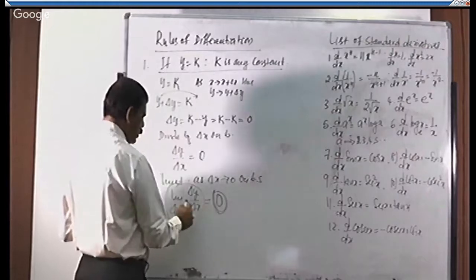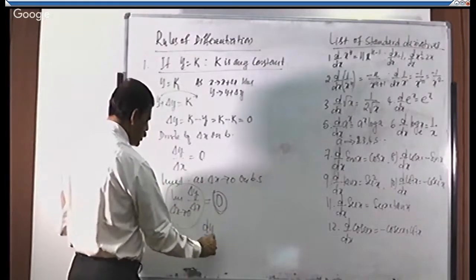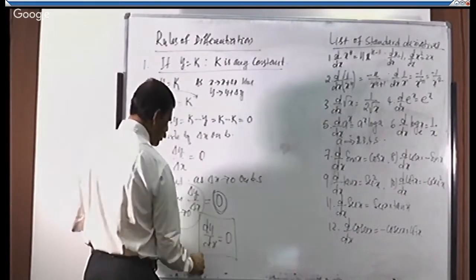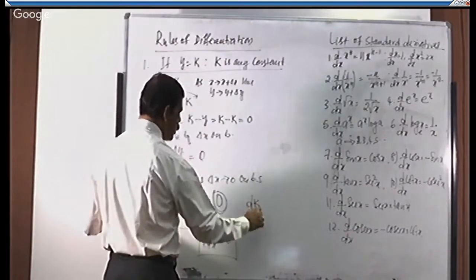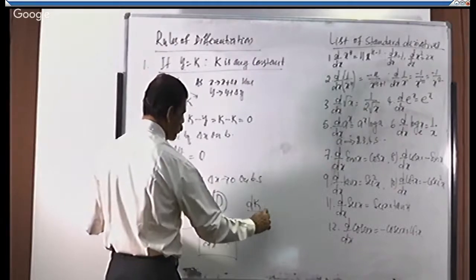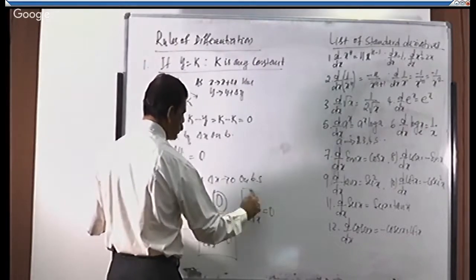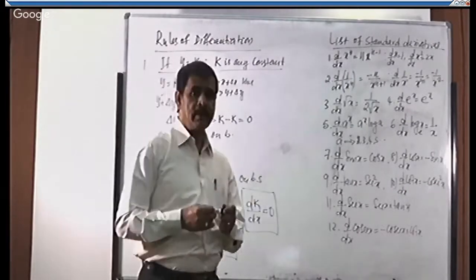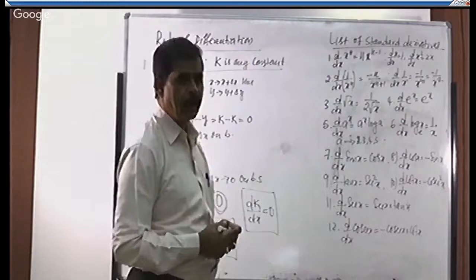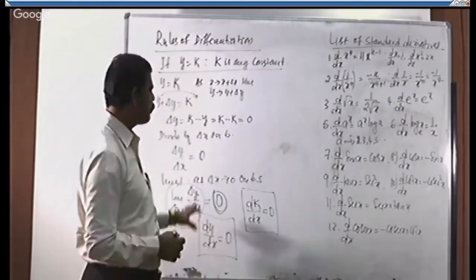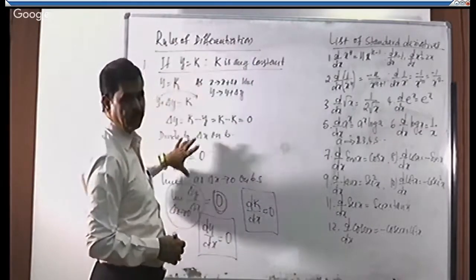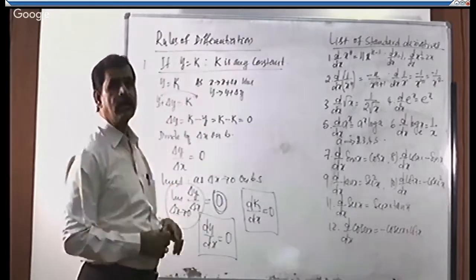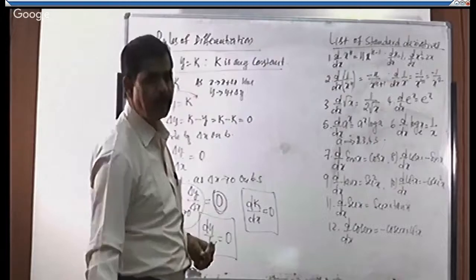Hence, we take this as dy by dx. So dy by dx is 0. It means differentiation of any constant with respect to x is always 0. Sometimes they will ask you, show that the derivative of a constant is 0. For that, you need to write all these things. So differentiation of any constant is 0.